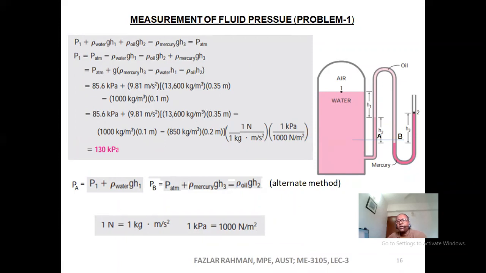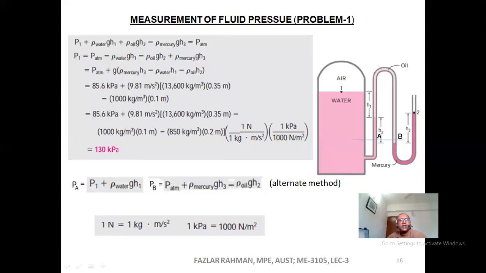One thing we can do is start at point 1 and walk down to point 2. How can we walk down? You try to figure out the common level of fluid. What is the common level?